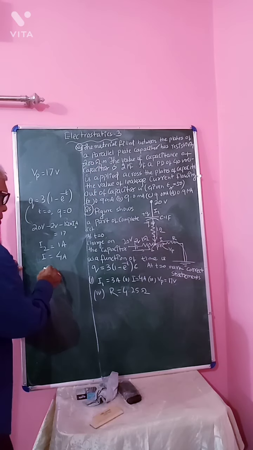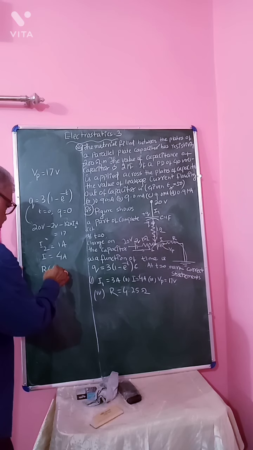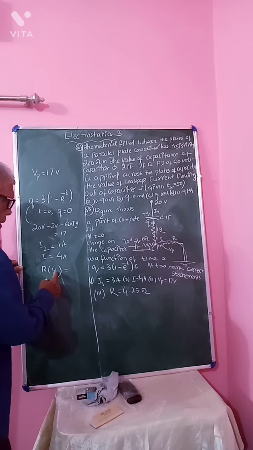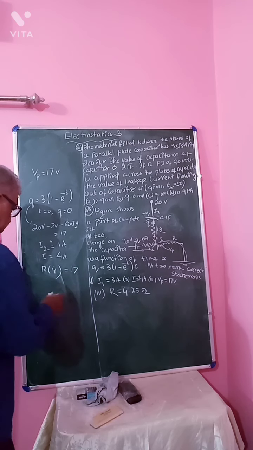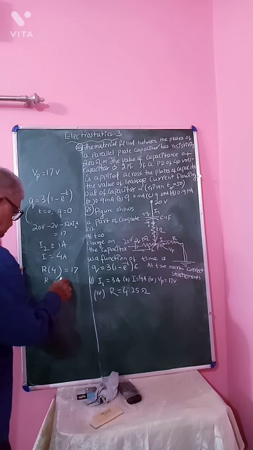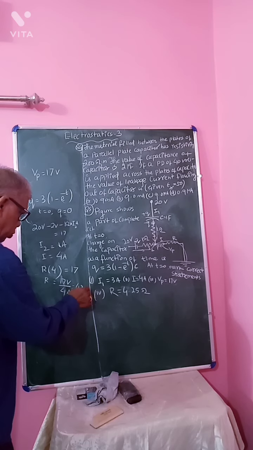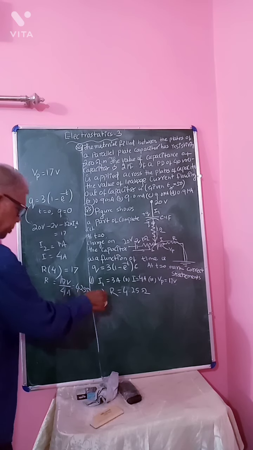So R ohm into 4 ampere is equal to 17 volt. So resistance equals 17 volt by 4 ampere, which is equal to 4.25 ohm.